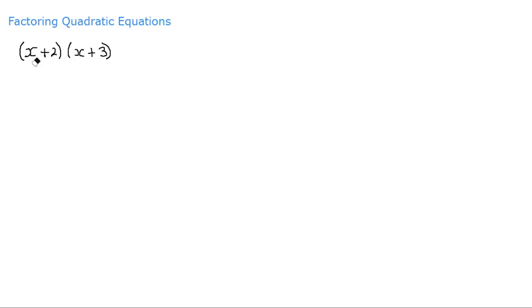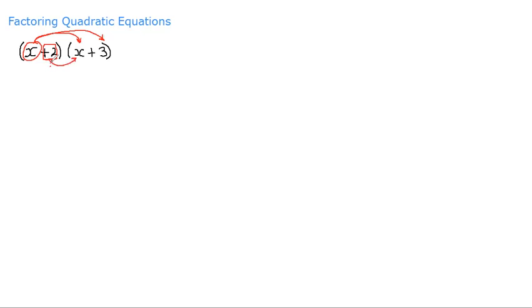Excellent. So to multiply these two brackets, what I'm really doing is taking this value of x here, and I'm going to multiply it by everything inside of this bracket. So x is going to multiply by x, and x is also going to multiply by 3. When I'm completed with that, I'm going to take this number here, plus 2, and multiply it by the contents of this bracket.